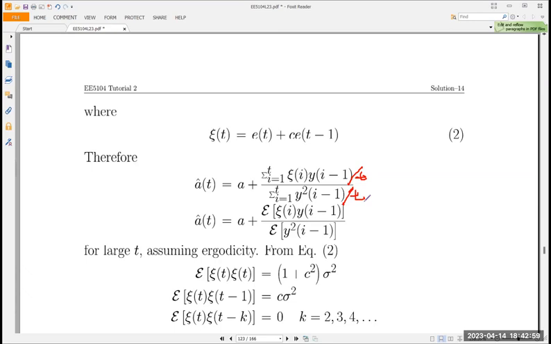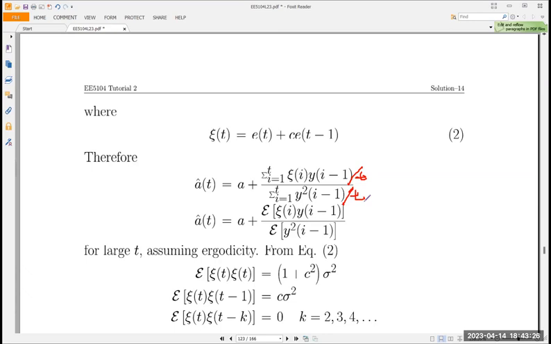So before we do that, we have to do some maths first. From equation 2, before we can find the expectation, we need to find some expectation of the noise first. Equation 2 is the expression for psi. So the expectation of psi times psi equals this.